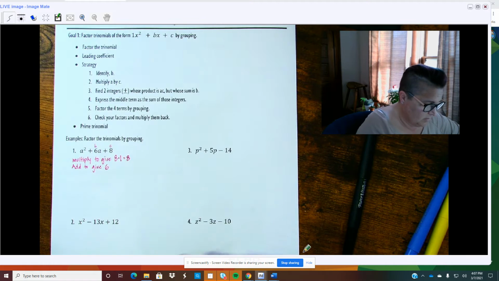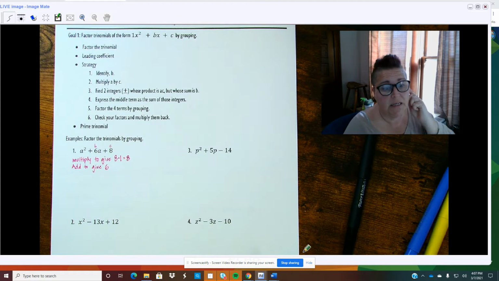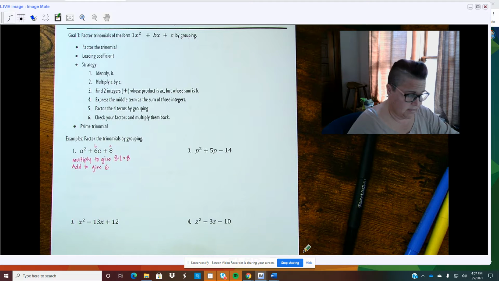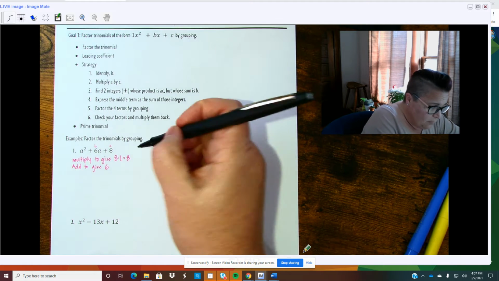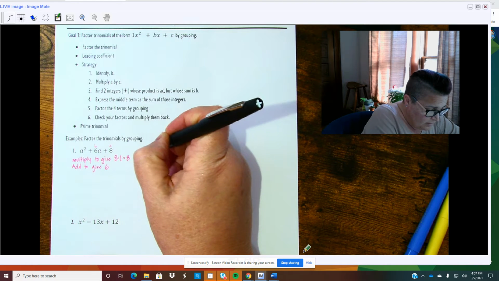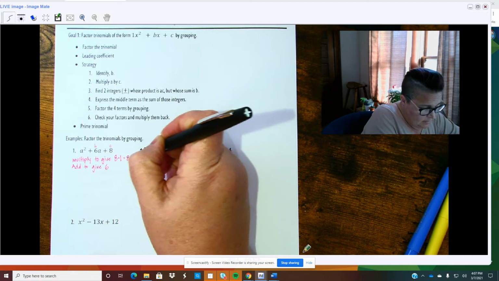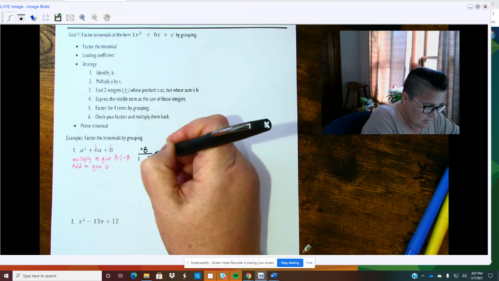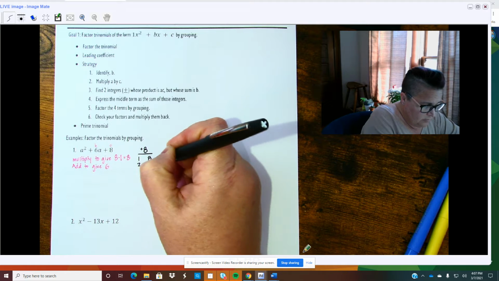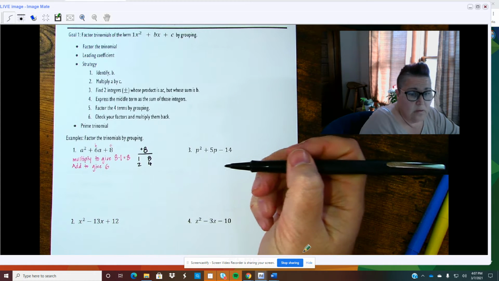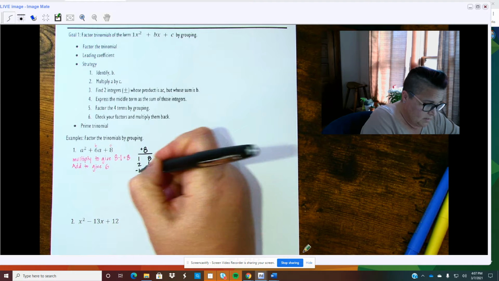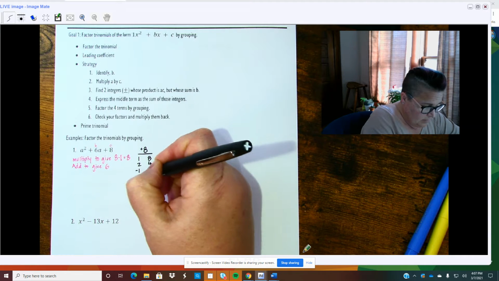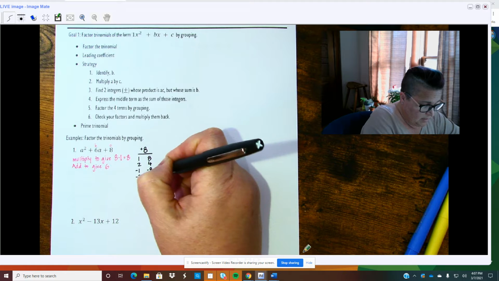We actually want them to multiply to give 8 times 1, which is 8, but we want them to add to give 6. So if we write out the factor pairs for a positive 8, the factor pairs would be 1 times 8, 2 times 4, or a negative 1 times a negative 8, and a negative 2 times a negative 4.